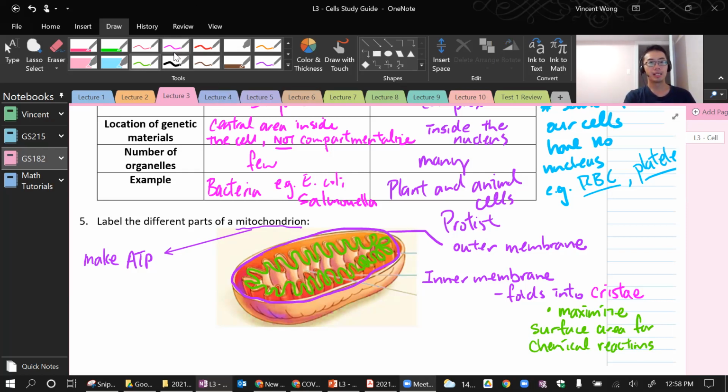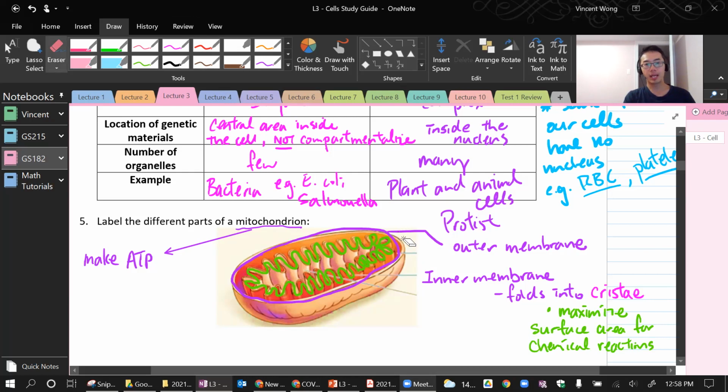Okay. Now, the space between the outer membrane, the purple, and the inner membrane is called the intermembrane space. There are a lot of things going on in the intermembrane space, as well as the matrix, which is the fluid inside the inner membrane.